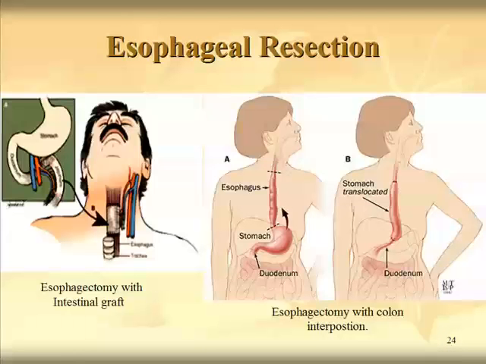This slide just depicts the surgery that's actually done for esophageal cancer. It's the resection, and in the resection, the affected portion of the esophagus is removed, and then what's left is anastomosed to the stomach with what little bit is left of the esophagus. So that's what it's showing there on the right.